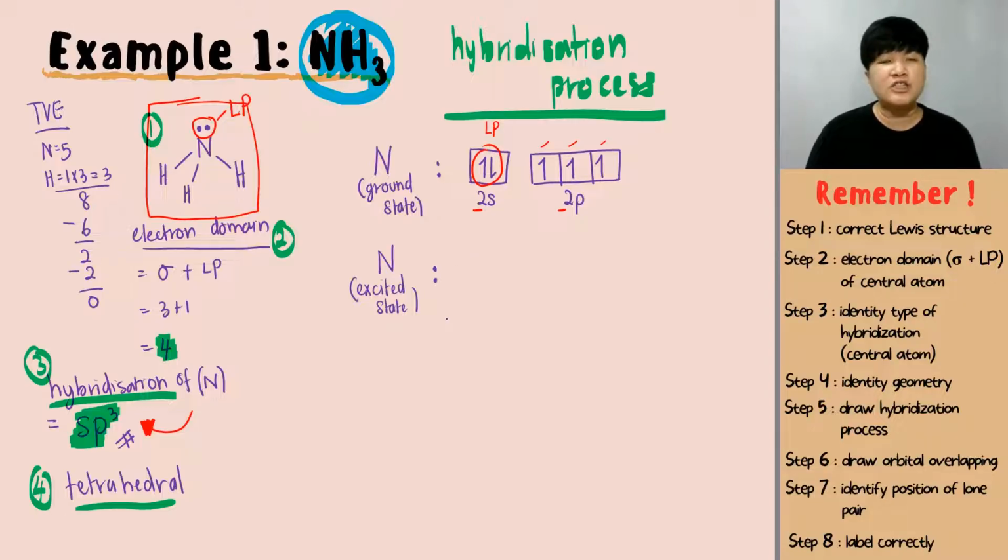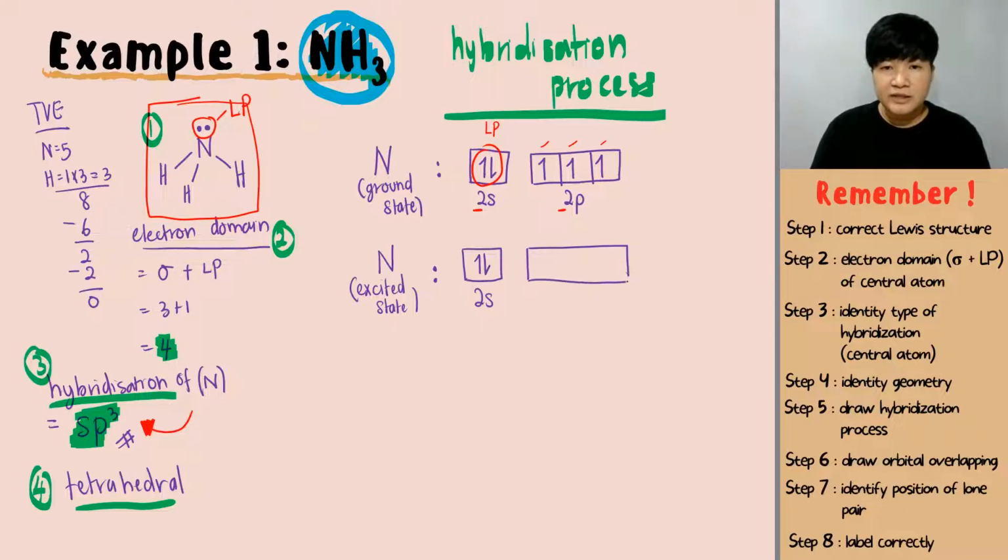There are no changes in terms of the electron arrangement, but there are actually changes in terms of the energy of the electron. Therefore, you still need to draw the excited state. We just can't see it because the arrangement of the electrons is the same.